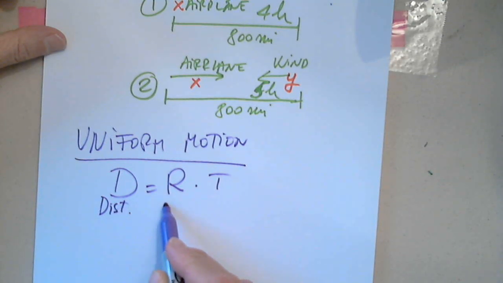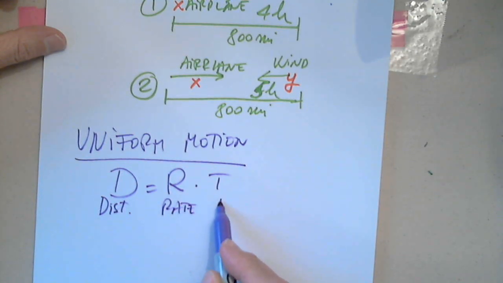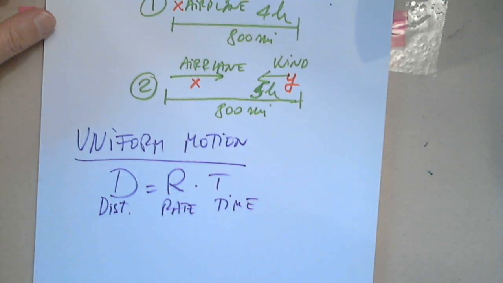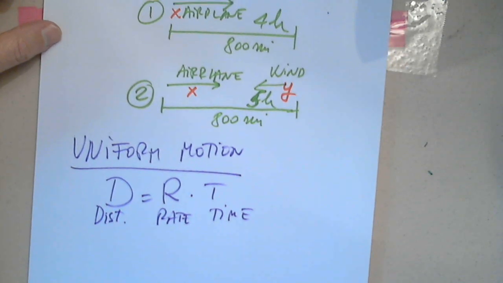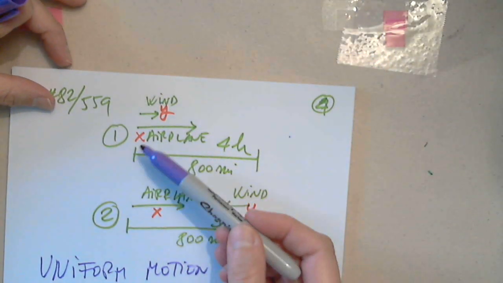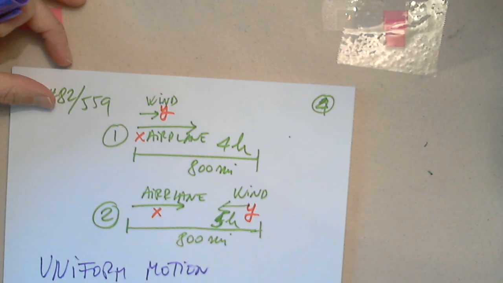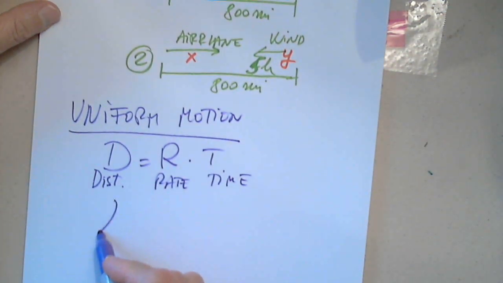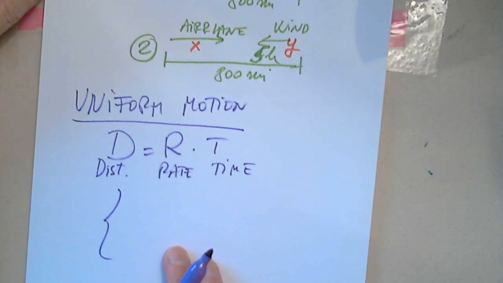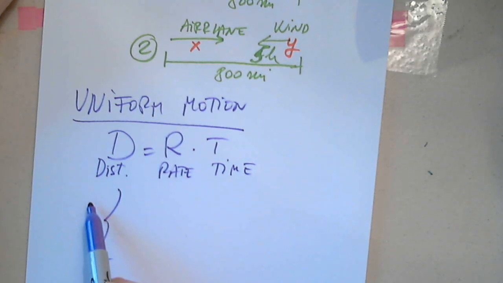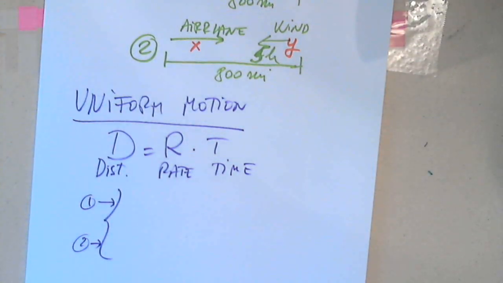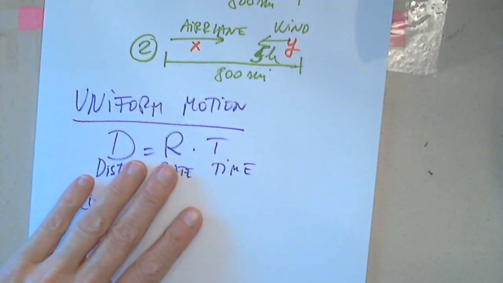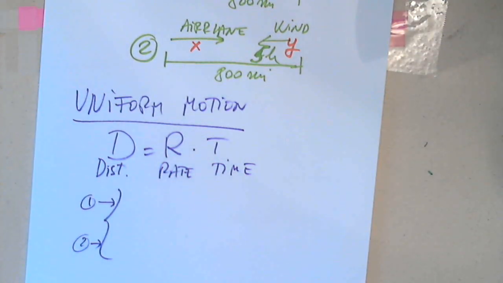Distance, rate, time. So obviously we have two variables, X and Y, in both scenarios. So we have to create a system of two equations, one coming from the first scenario and the other one coming from the second scenario. And of course we are using distance equals rate times time.